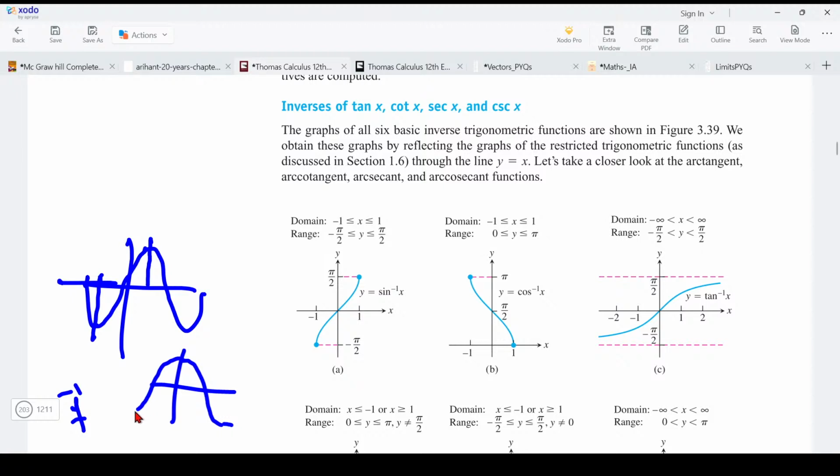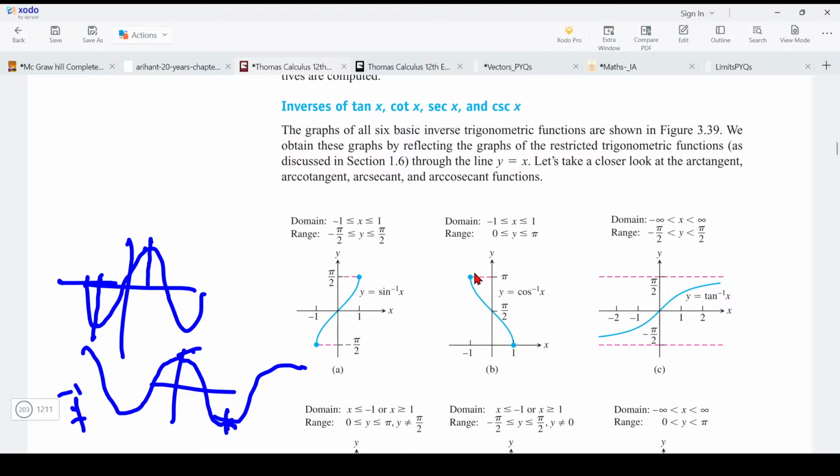Ideally, cos x would have been something like this, but we want to keep it from 0 to pi, so that it is continuously decreasing here. Why are we restricting? To make it one-one, because otherwise the inverse function doesn't make sense.